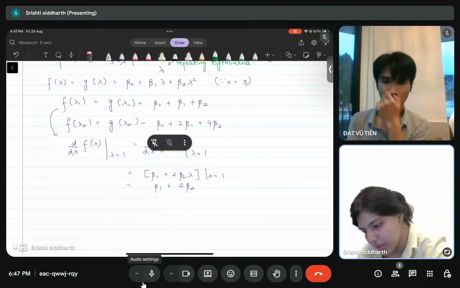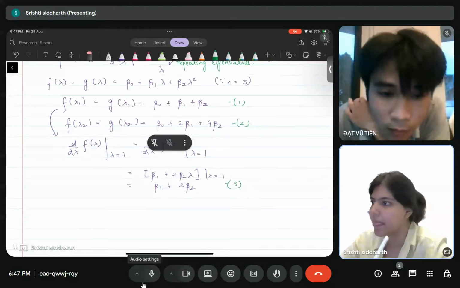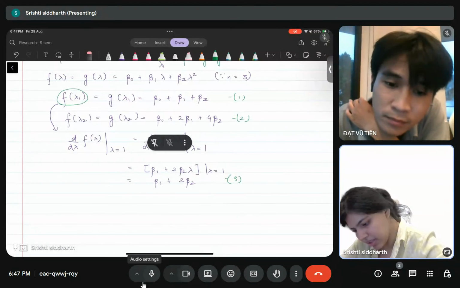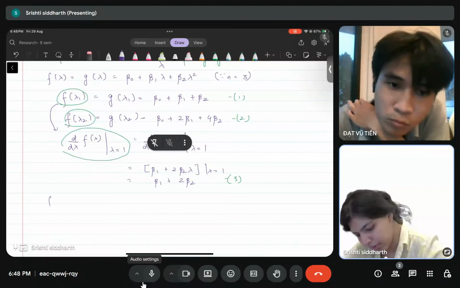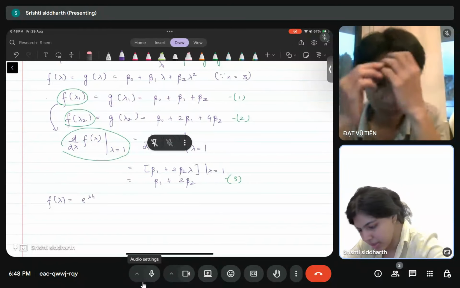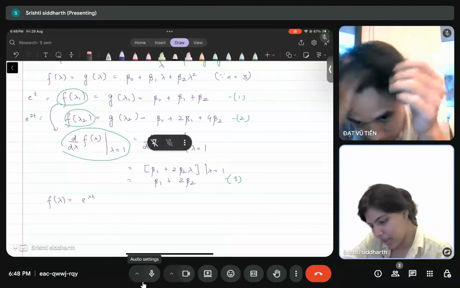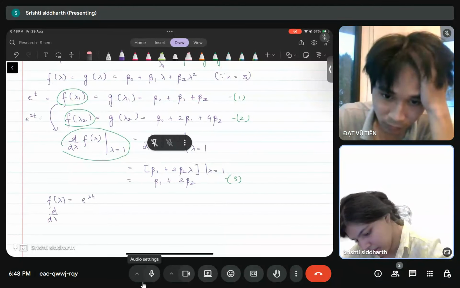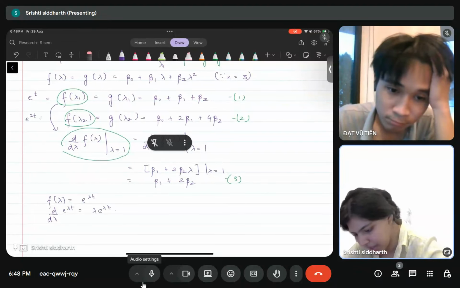Okay, so now we have three equations, 1, 2, and 3. We already know the left hand sides, because f of lambda is e to the power lambda. So this is e to the power t, this is e to the power 2t, and this again is simply e to the power t.